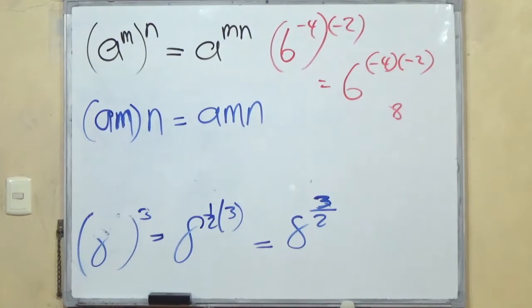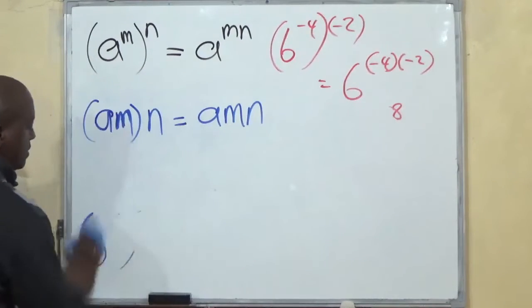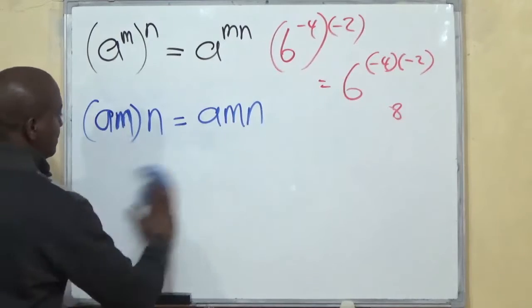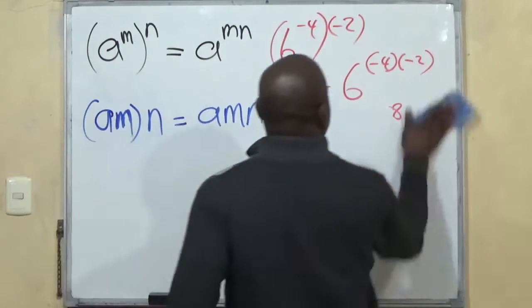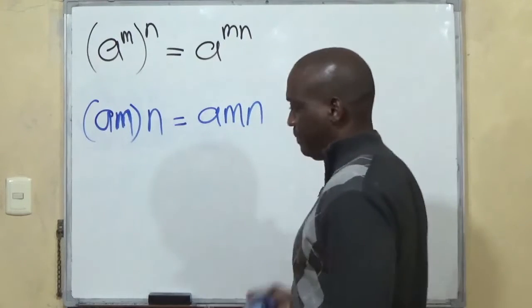Alright, now I'm going to wet this cloth a little bit. Sometimes you have to wet the cloth to rub off the board. So we're good. What are we going to do here now?